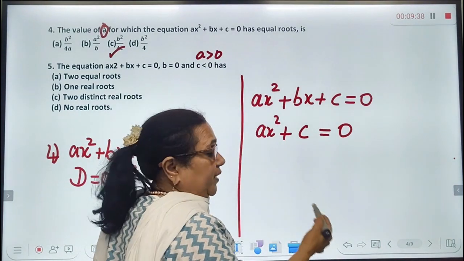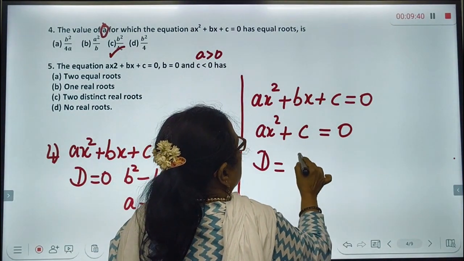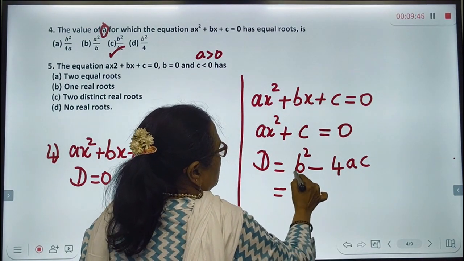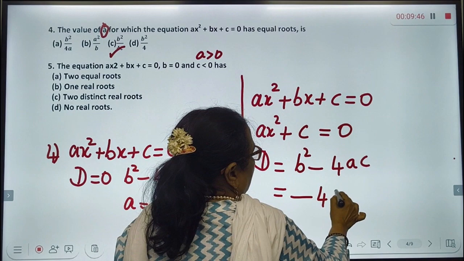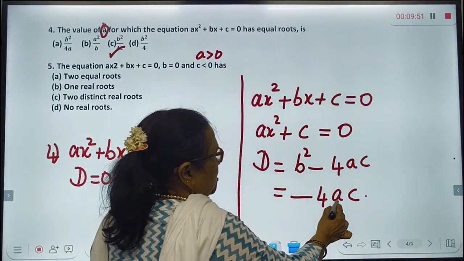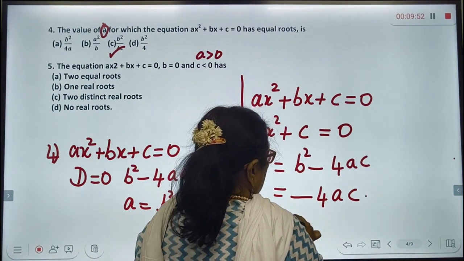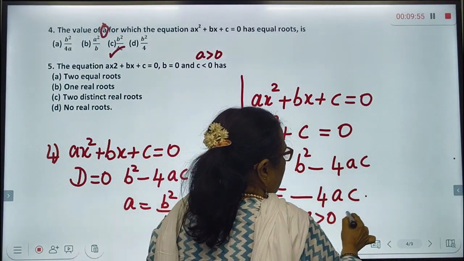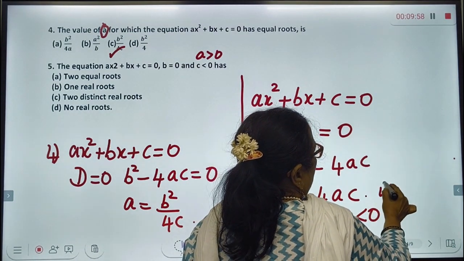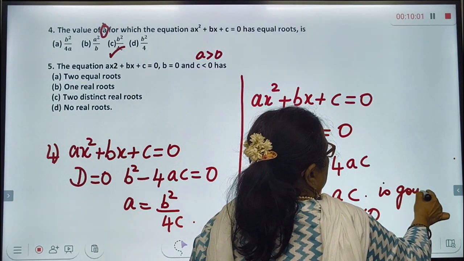Nature of the roots is dependent upon the discriminant. Discriminant is b square minus 4ac. Now b square is 0, so minus 4ac. Now what is given? a is positive and c is negative. So minus 4ac is going to be positive.